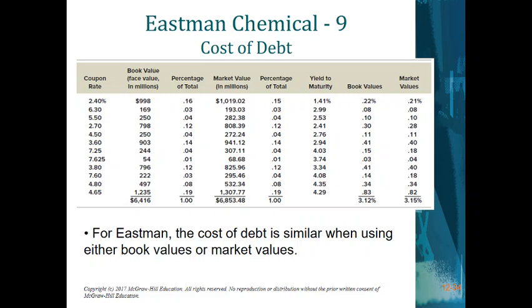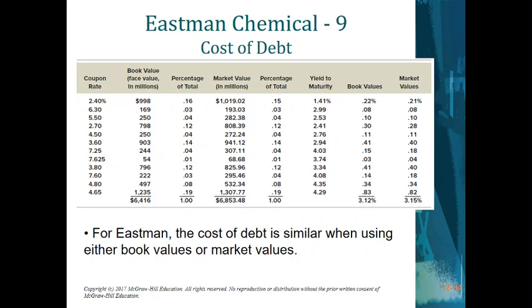Or if you use market value, the 1019, that would be 15% of the total. And so you would multiply that times 1.41%, and you get market values of 0.21%.